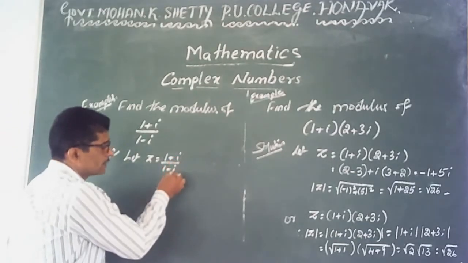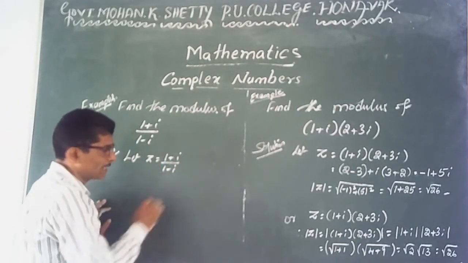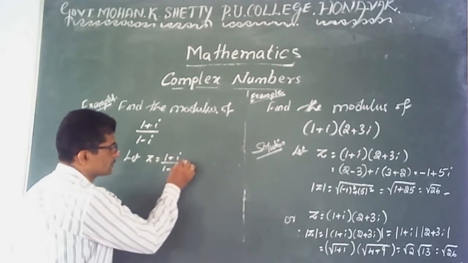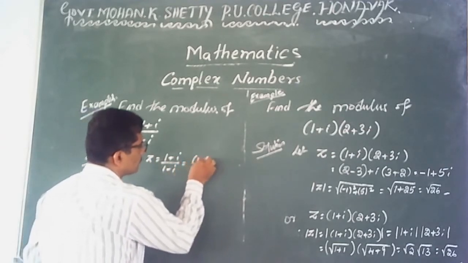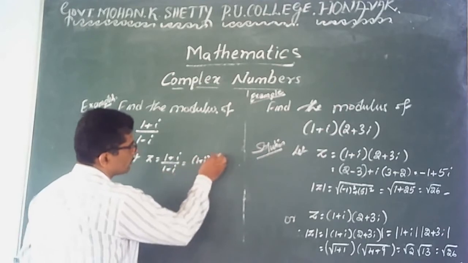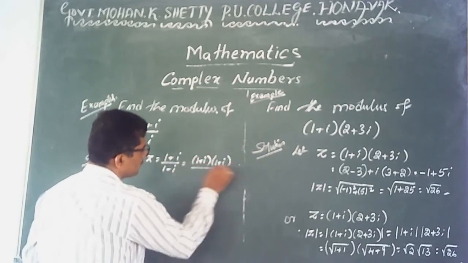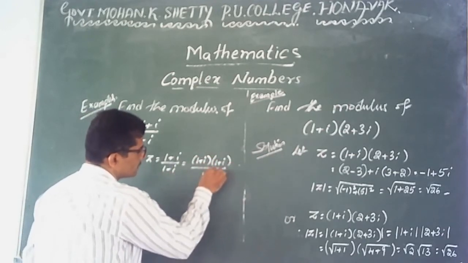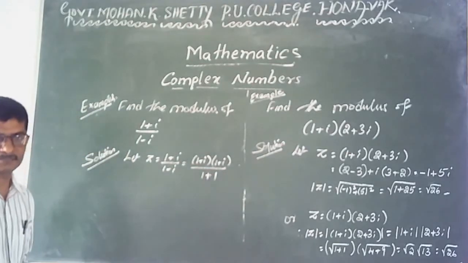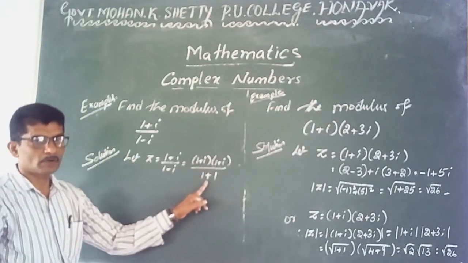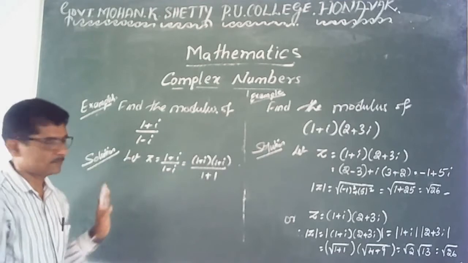First, you rewrite in the form of a plus ib. Therefore, simplify this value. This value is equal to 1 plus i into conjugate of this value, 1 plus i, divided by 1 square plus 1 square. Write directly: z bar divided by mod of z whole square. It is clear?